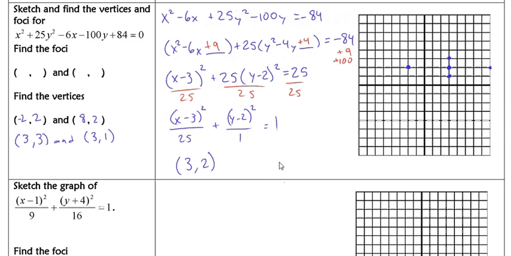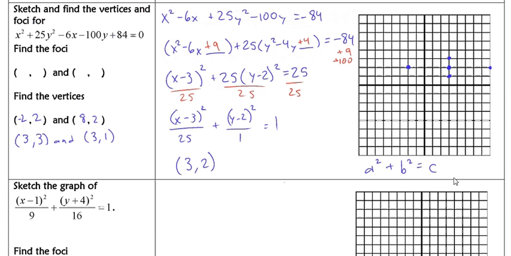All right, so sorry about the interruption there. We now need to find the distance from our center to our foci. And remember, the distance from the center to the foci squared plus the distance from the center to our vertices along the minor axis squared is equal to the distance from the center to the vertices on the major axis squared.